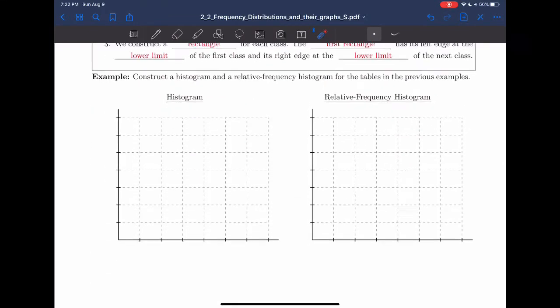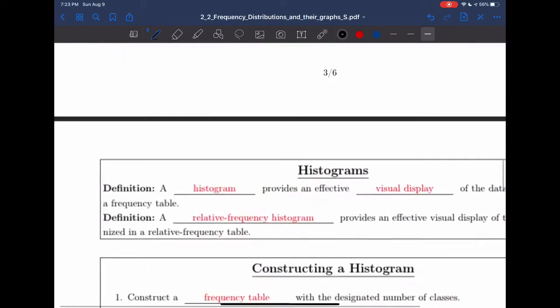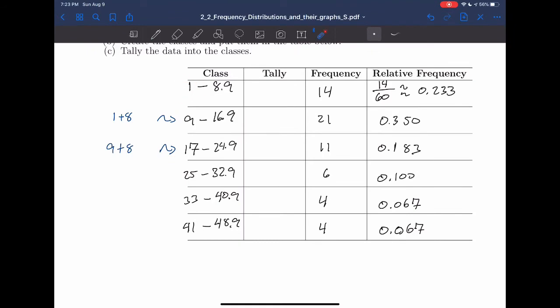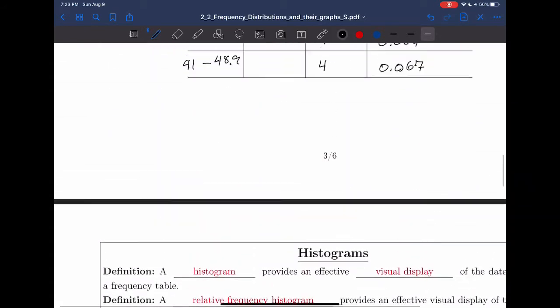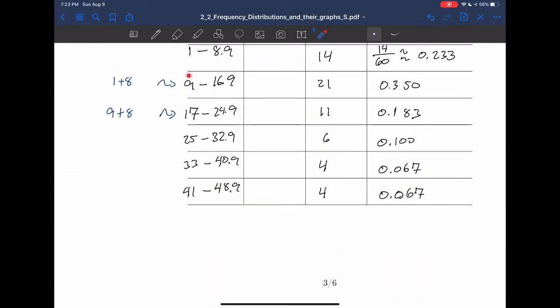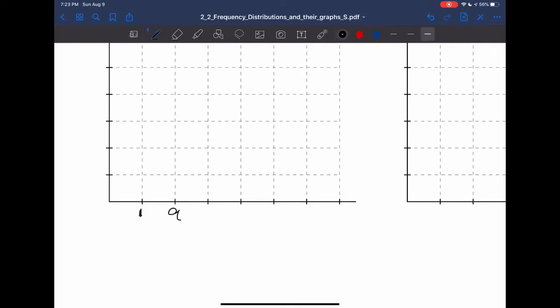The first thing I would do is number our axes. On the bottom, we start from 1, since 1 is the lower limit of our first class, and then 9, since 9 is the lower limit of the second class, and the next will be 17, 25, 33, 41, and 48.